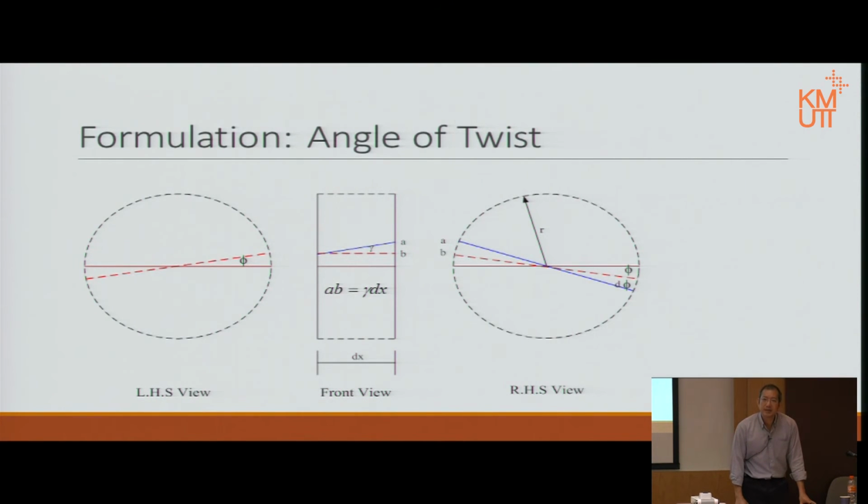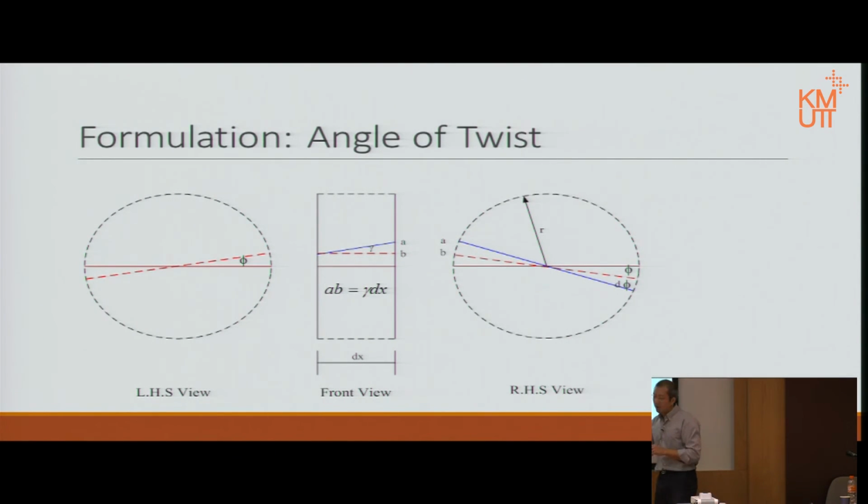If it's small displacement, gamma is small as well. If gamma is small, then the tangent of the angle is equal to the angle itself. Just to say this, it means that on this left-hand side, the unit we are using here is not degrees. The angle we are using here is radian. But then it calculates as gamma dx. What about that AB? This is a circle, right?